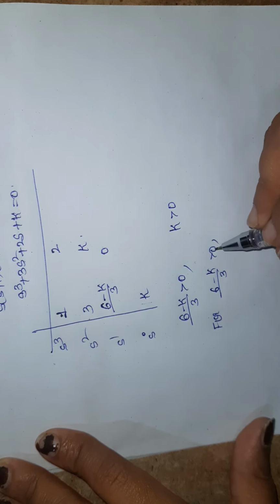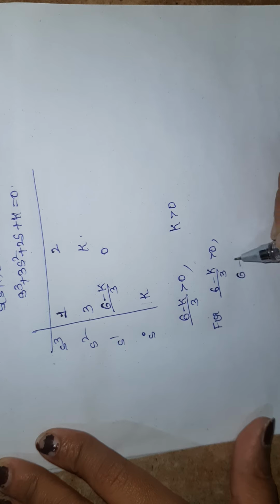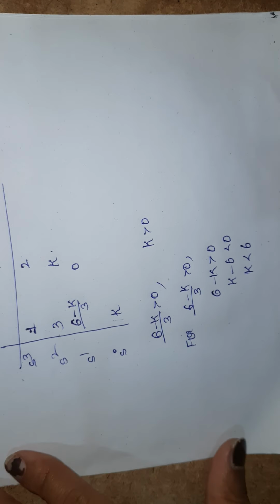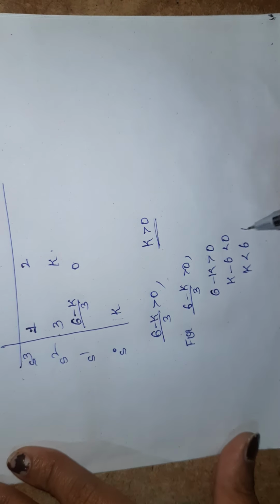Then only we'll get a value greater than 0. So from this I get 6 − K > 0, that is K − 6 < 0. So K should be less than 6. And one more condition, we got K greater than 0.